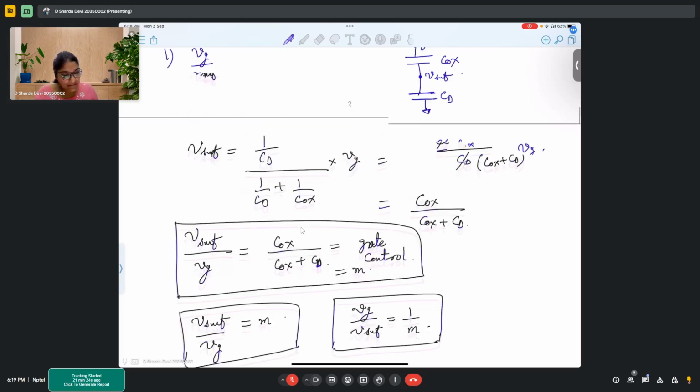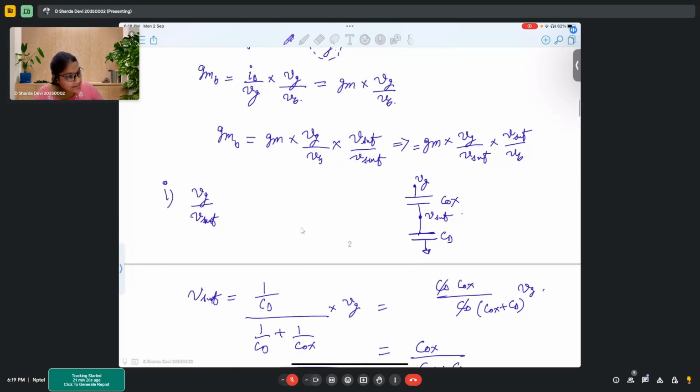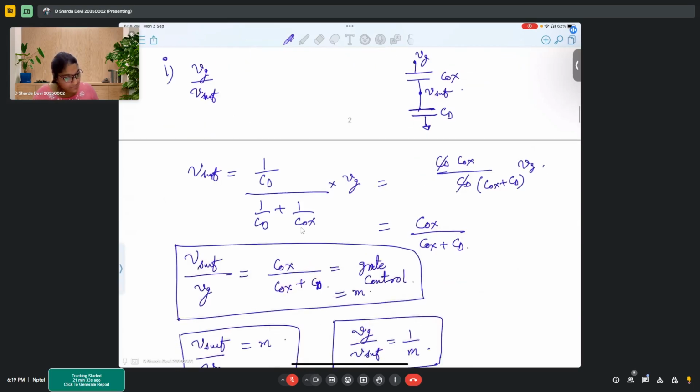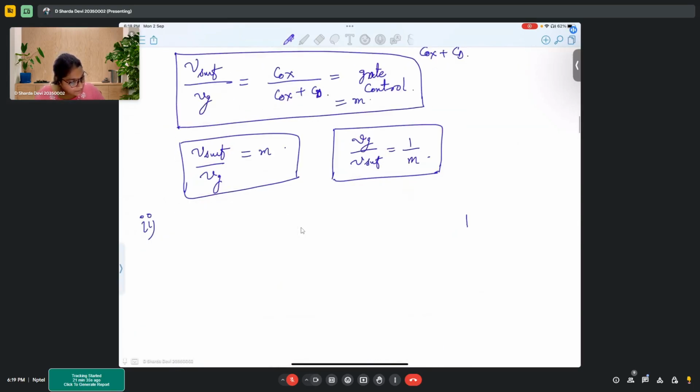Now the second part in this formula, what we wanted was this V surface by VB, right? For V surface by VB, in this particular scenario, we'll use the same setup. But now here there will be VB, here you have V surface, and at this time we'll ground the VG point.